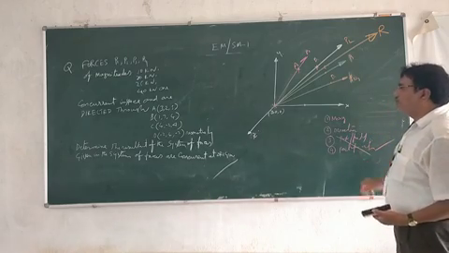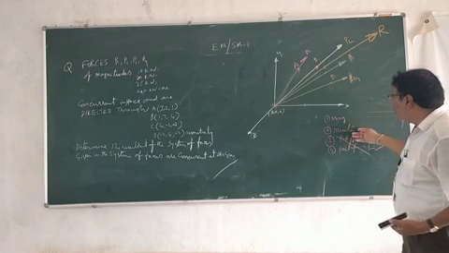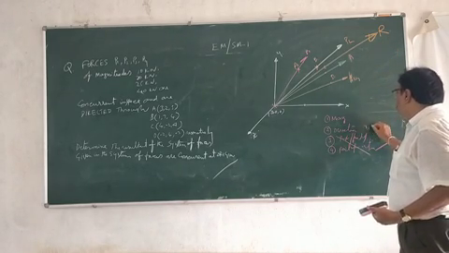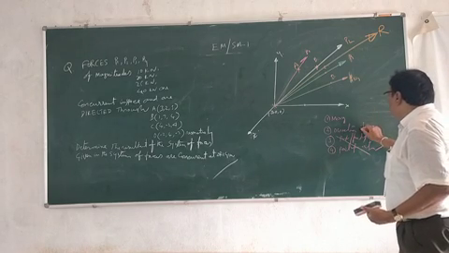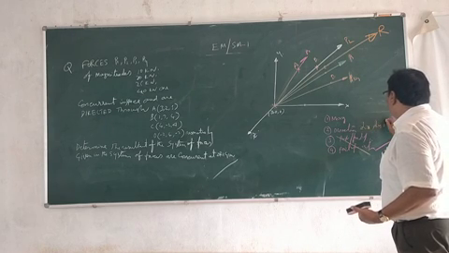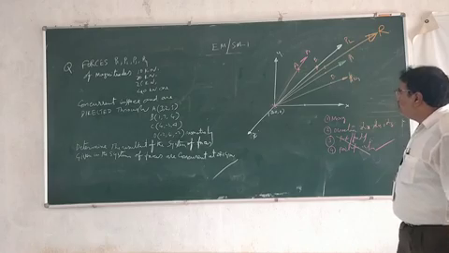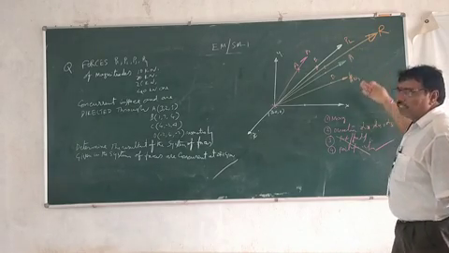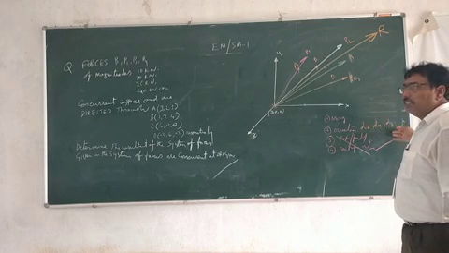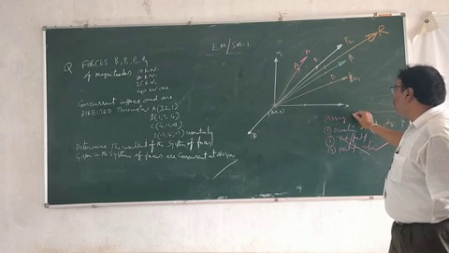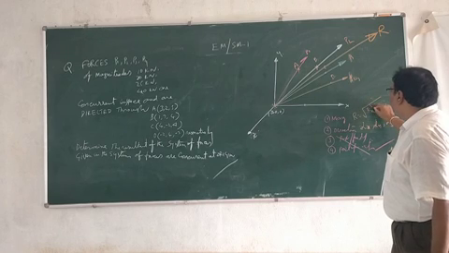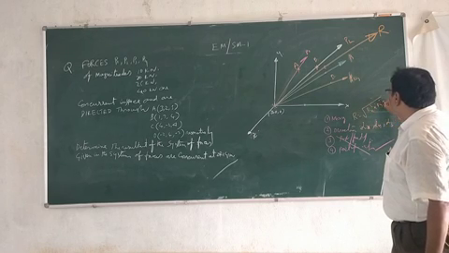We should determine the inclination or direction of this force with respect to the x-axis, y-axis and z-axis: alpha x, alpha y and alpha z. And the magnitude R is equal to root of Rx square plus Ry square plus Rz square.